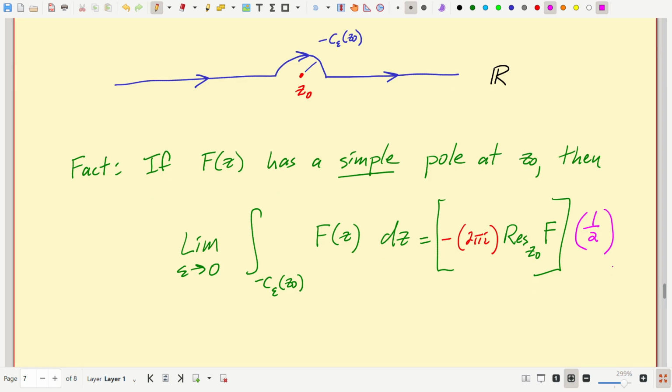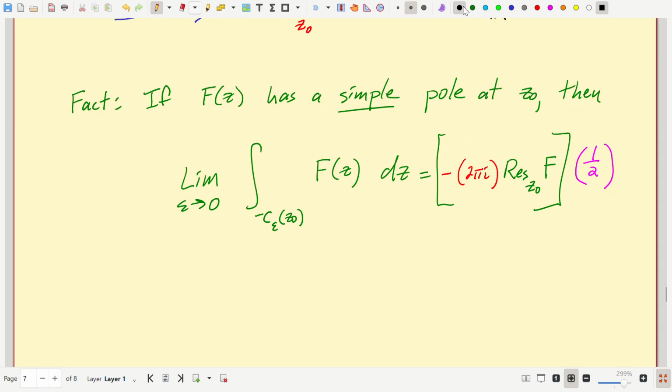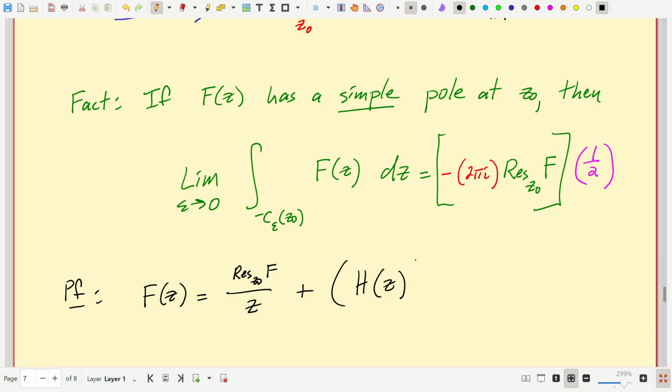And the proof, if I was going to prove this, would be exactly the same as I did before. So f of z at a simple pole, you'd get the residue at z naught of f over z minus z naught, plus an h of z, which is analytic near z naught.